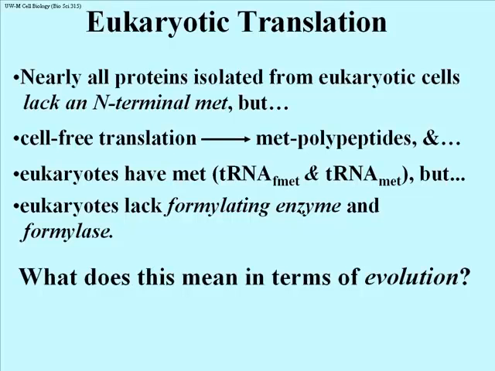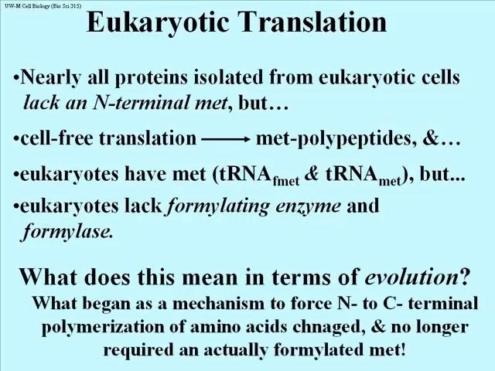So what does this mean in terms of evolution? Over time, it was no longer necessary to physically formylate the initiator methionine on its initiator tRNA, because by that time many other components of the process of translation initiation had been well established, and it was no longer required that you physically block the amino terminus.